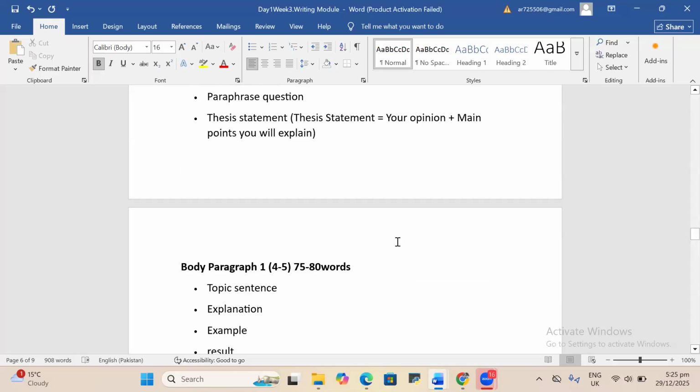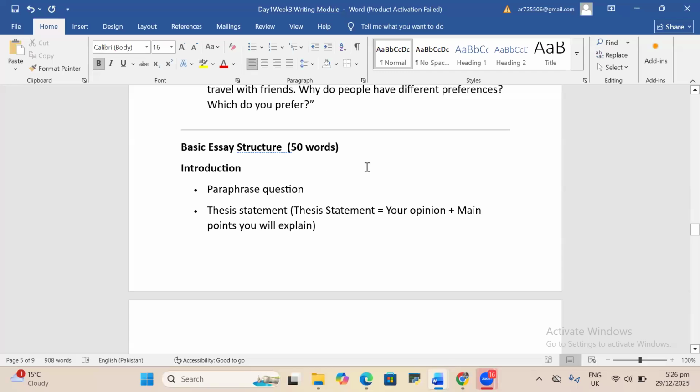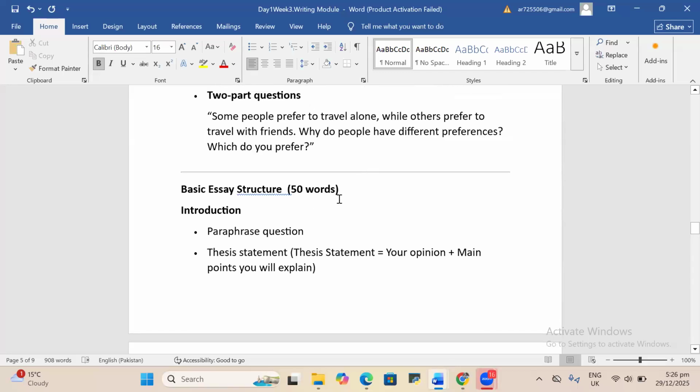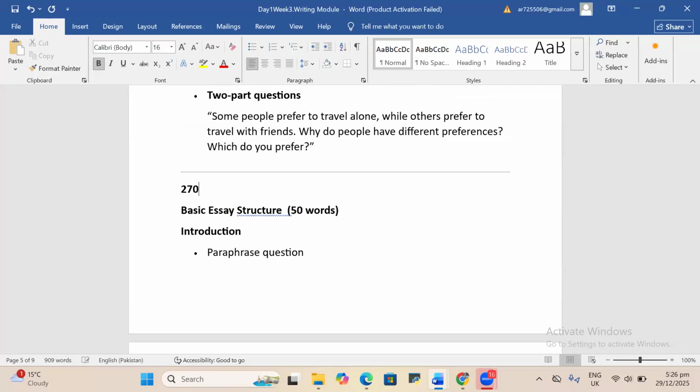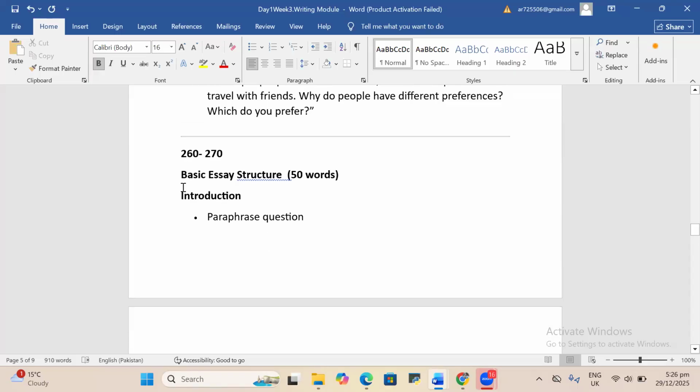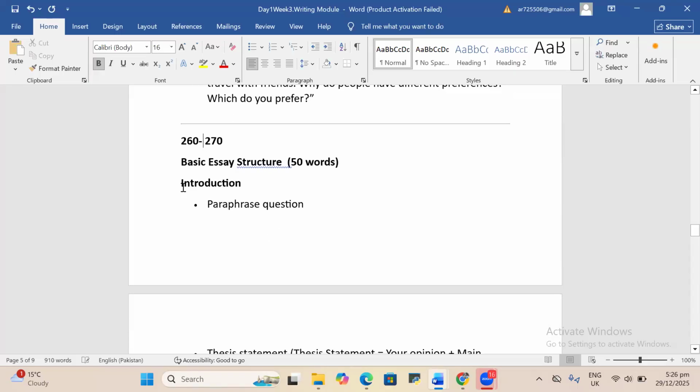I personally recommend you write a maximum of 270 words, and a minimum of 260. The more you write, the more mistakes you may make during writing, because the minimum limit is 250, and if you cross that limit, that is enough for you.